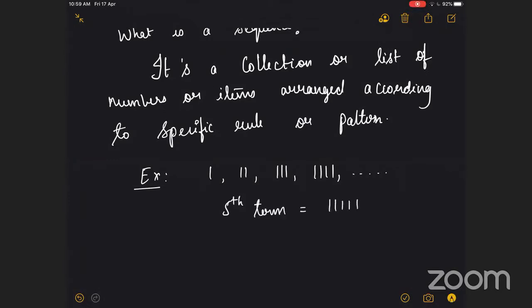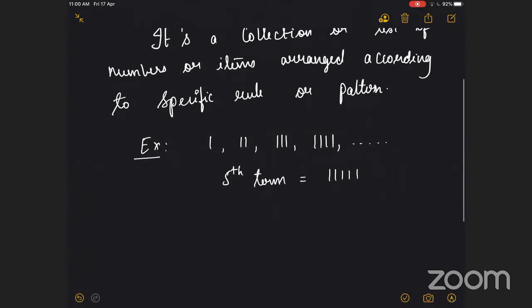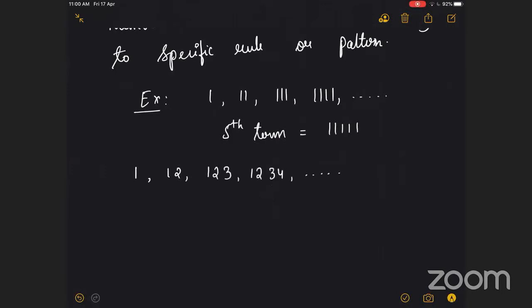Similarly, we can see an example which is 1, 2, 3, 4, and so on. Now what will be the fifth term? The fifth term can be 5, if I'm not wrong.